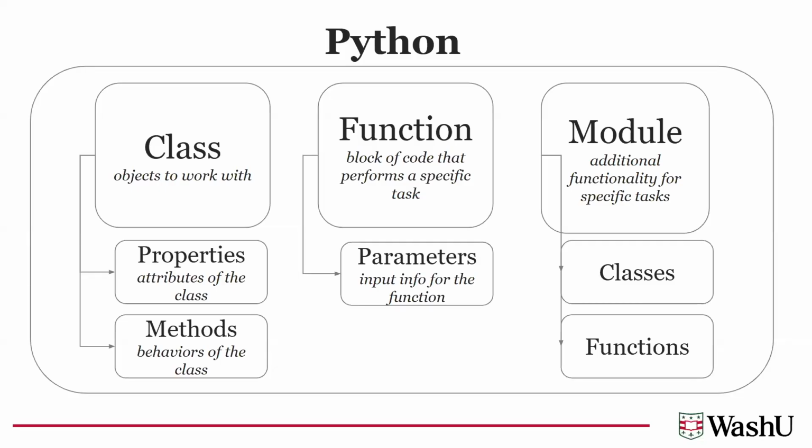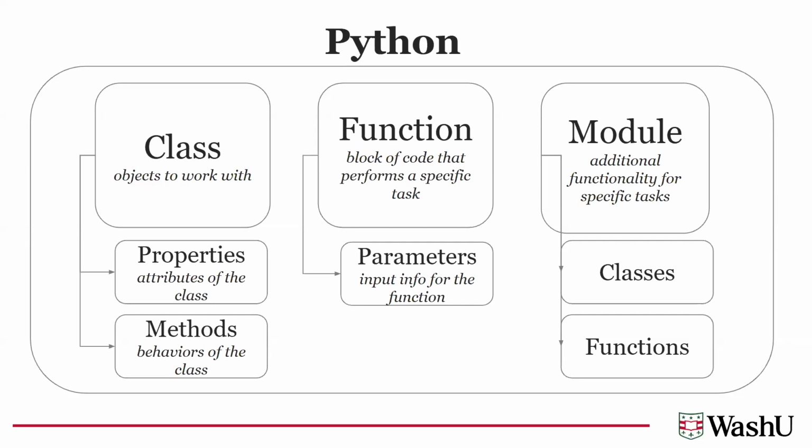So imagine classes as like pieces of information that we're going to be working with within our code. In the middle here, we have functions. So these are blocks of code that actually perform a specific task. And then we have modules which extend the functionality of Python by including additional functions for specific tasks.